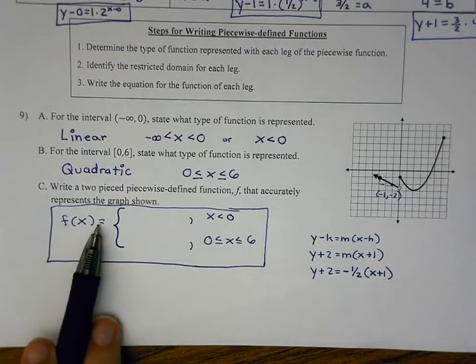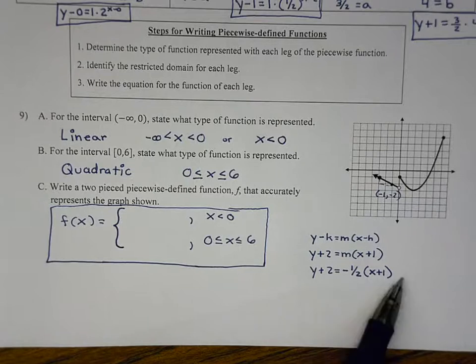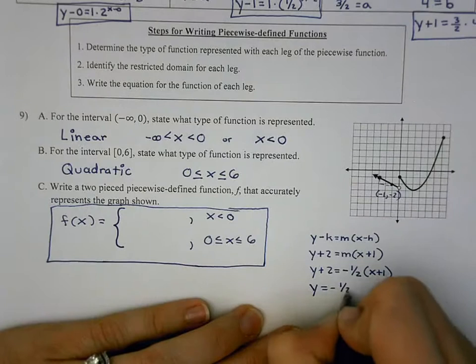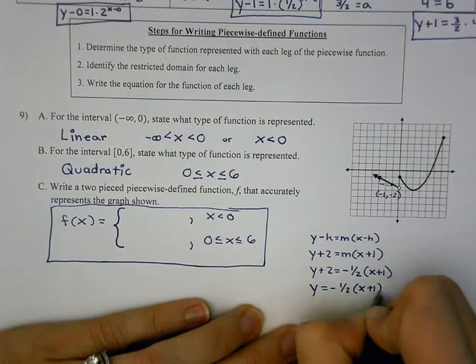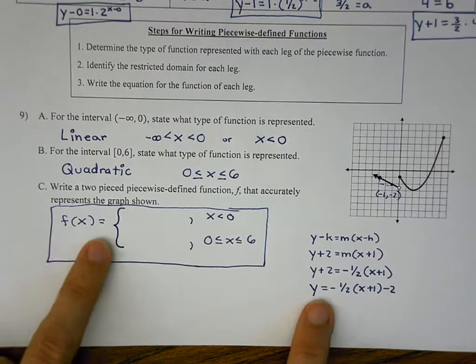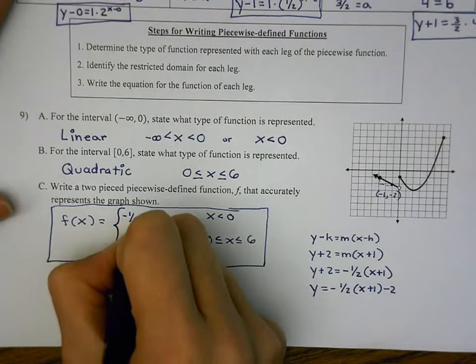It doesn't say y plus 2. So I'm going to go ahead and subtract this 2 over to the other side, so that now it matches my function here, right? Y equals for both of them. And I'm just going to slot this into my linear. Negative 1/2 x plus 1 minus 2.